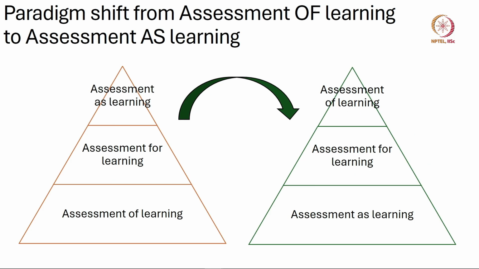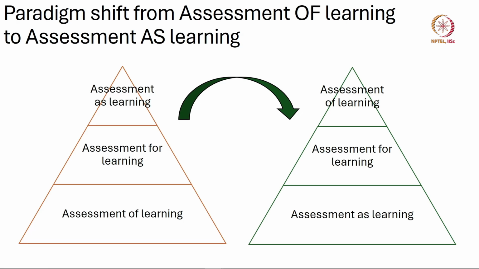So, in these three scenarios, we have observed that Professor Anand was using all three approaches of assessment: of learning, for learning, as well as as learning. One conclusion that we can draw from this discussion is that it is possible to use all three approaches of assessment. It is possible to have a balanced approach of using all three approaches in the classroom.